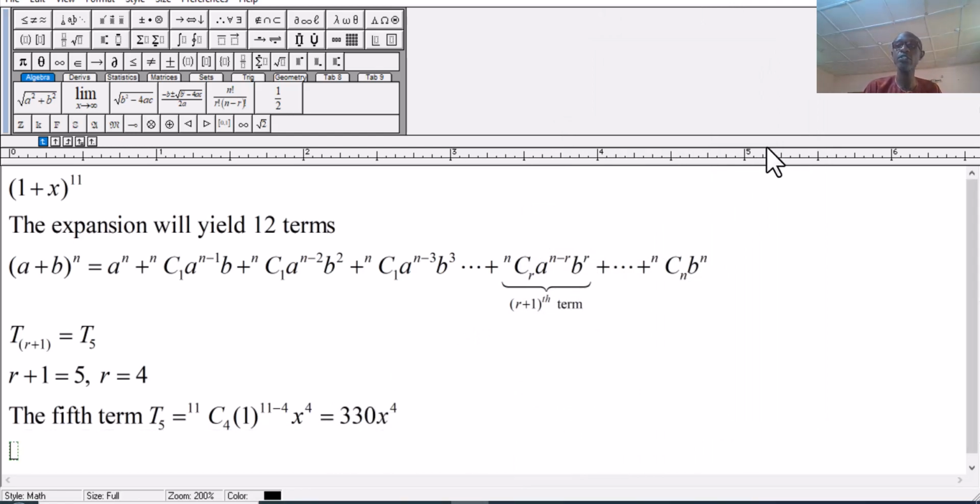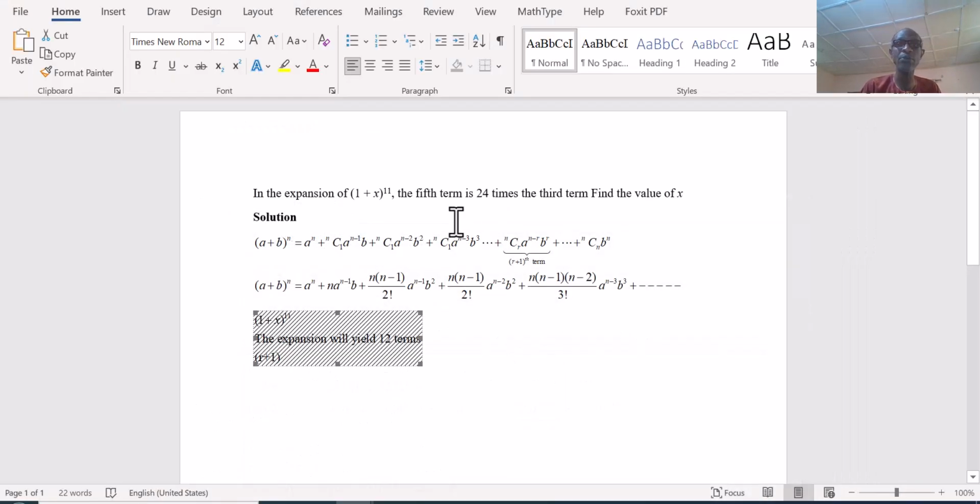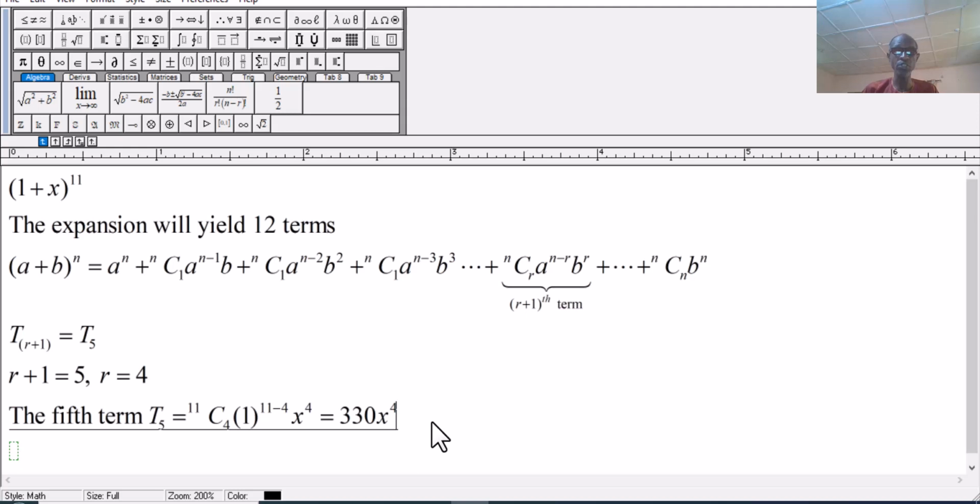Now the question says the fifth term is 24 times the third term. So I need to work the third term out. That is my T subscript 3.